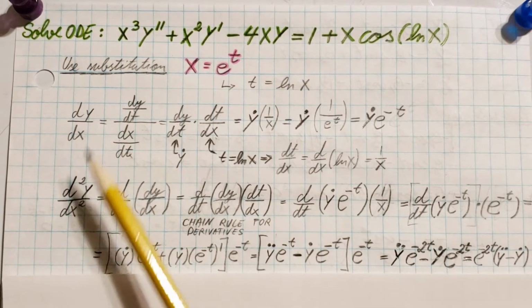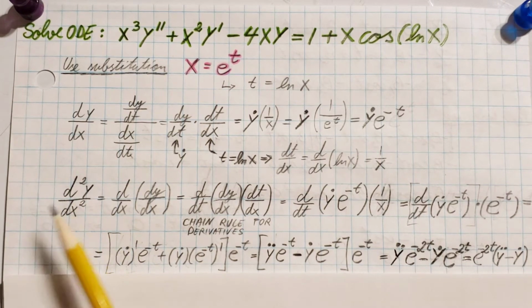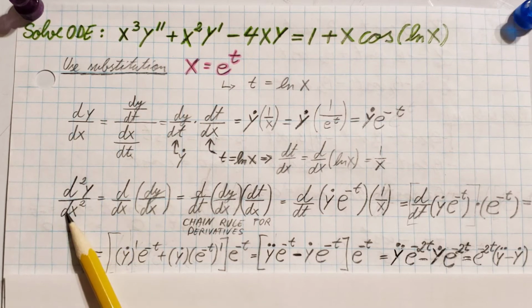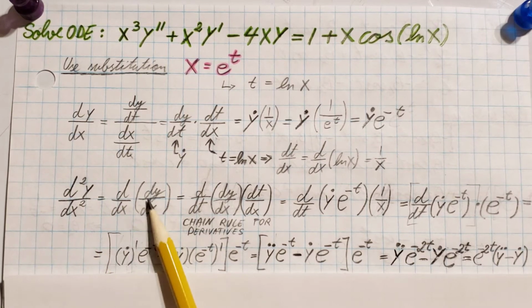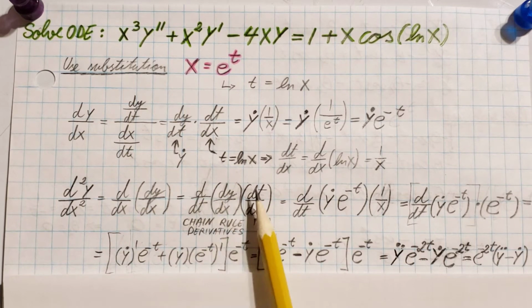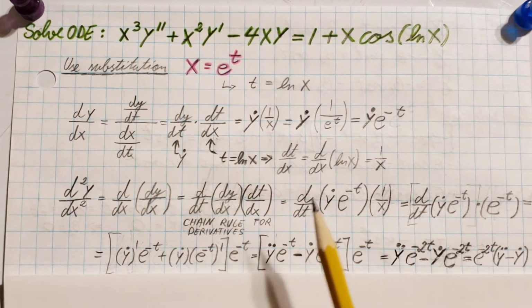Now our equation has second order derivatives as well, so we're going to find our second order too. So the second order derivative of y with respect to x, here you can see me using the chain rule and substituting everything as I go. Again, we don't want to be left with any x, okay? So we're going to get rid of all of those.